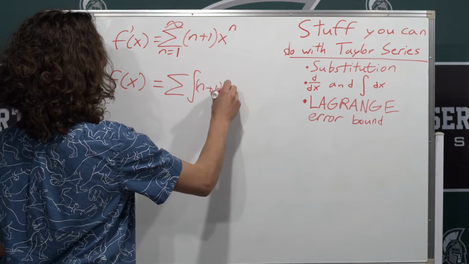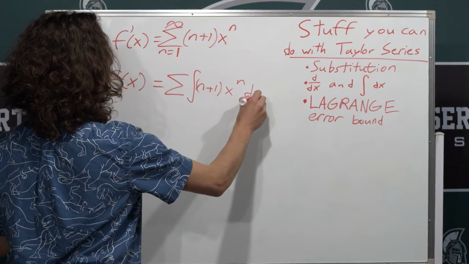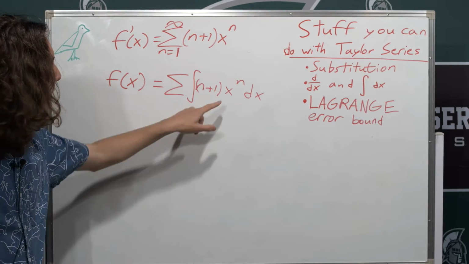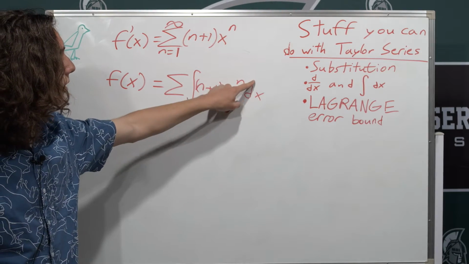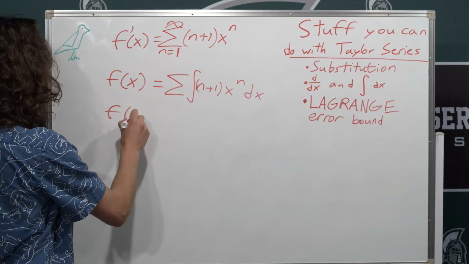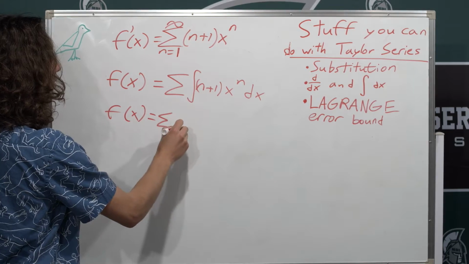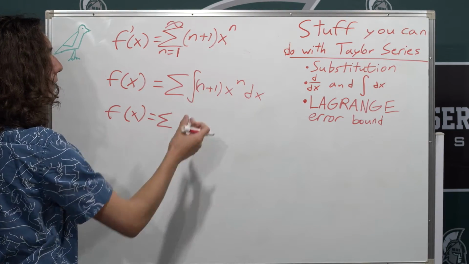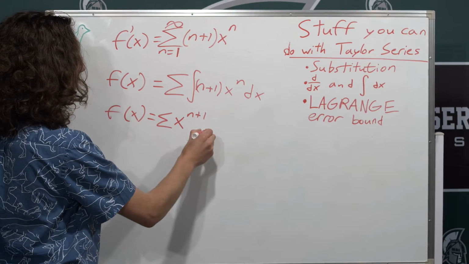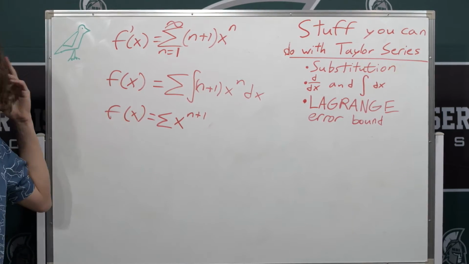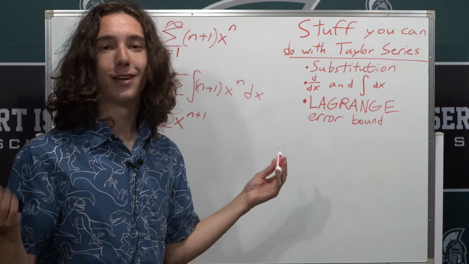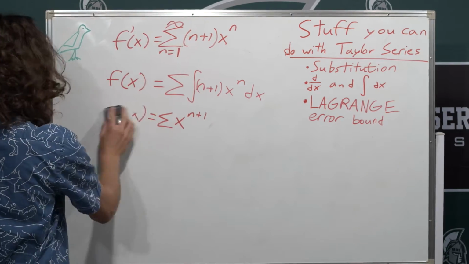And luckily, I've made this very easy for us when we do the anti-power rule. Since it's dx, again, you can just treat these n's as constants. When you do the anti-power rule, you're increasing the exponent and then dividing by n plus 1. So you're saying f of x equals the sum of the n plus 1 divided by n plus 1 goes away, x to the n plus 1. That's all. Integrals and derivatives within the summation. It's easy. So that's really cool.